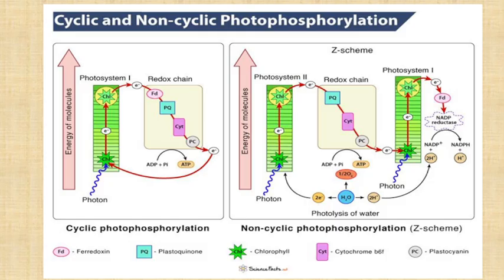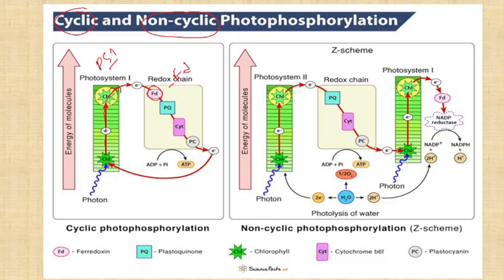Here we are discussing cyclic and non-cyclic photophosphorylation. In cyclic phosphorylation, only PS1 is involved. When the chlorophyll molecule excites the electron, it is taken to ferredoxin.